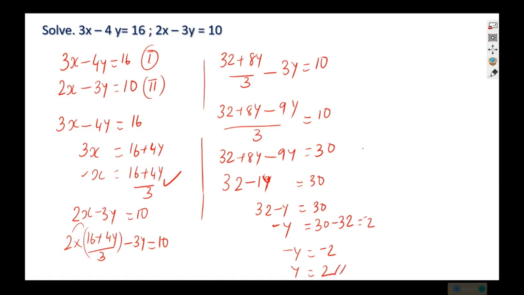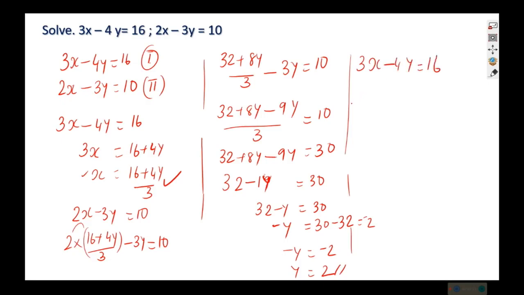Once we get the value of y here, we can simply substitute that in any one of the equations. Let us substitute in the first equation itself. The first equation is 3x minus 4y is equal to 16.